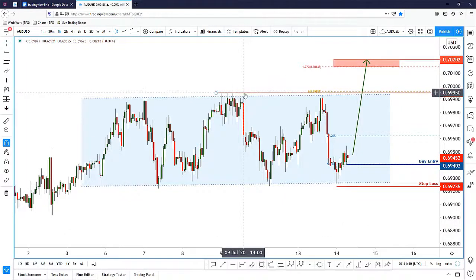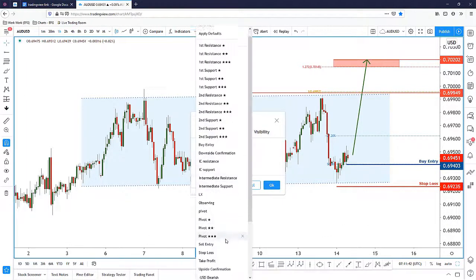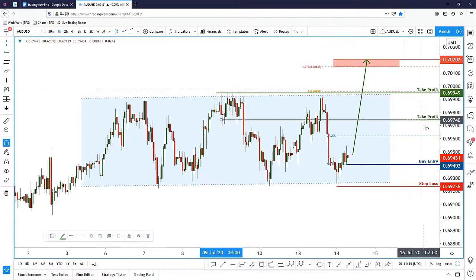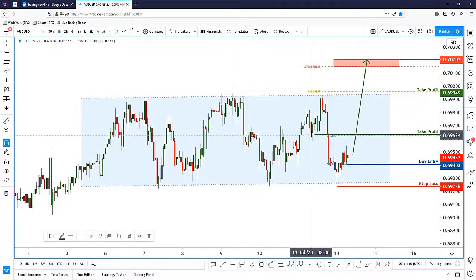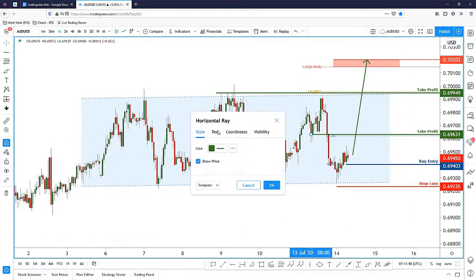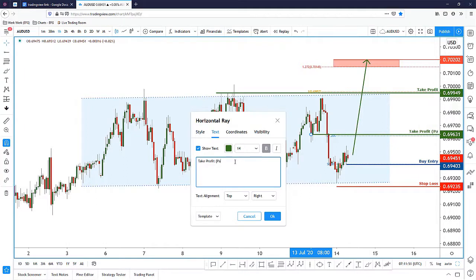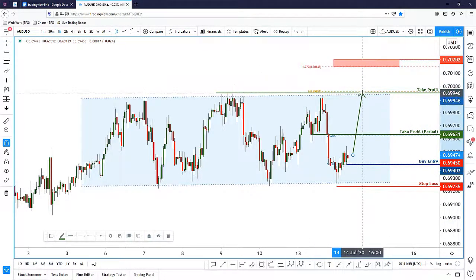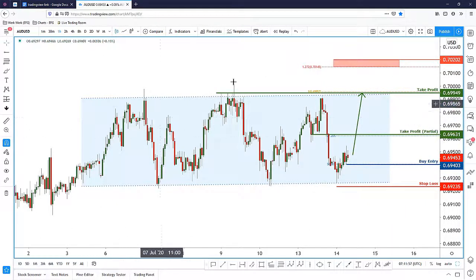I have two take profits. This will be the intraday take profit, and this will be the partial take profit. How this works is I'm going to play all the way to the top of the range. It's really just an intraday trade.